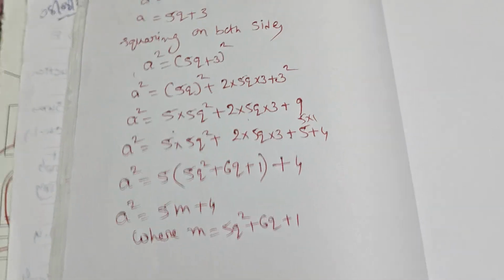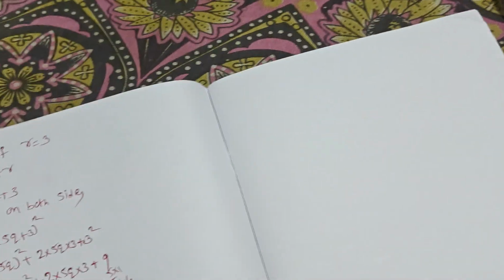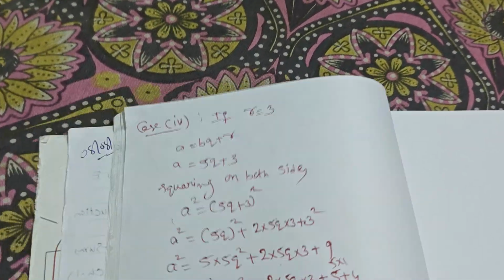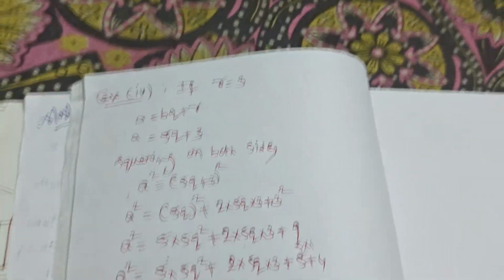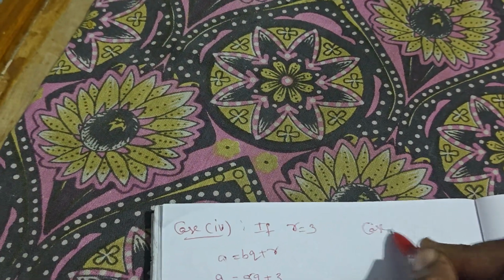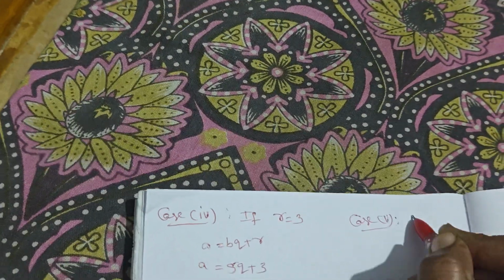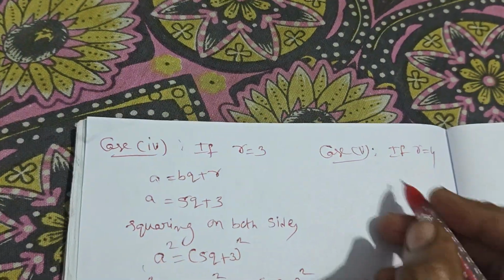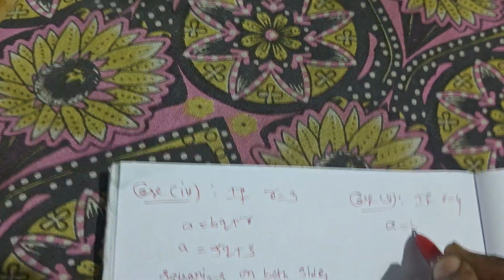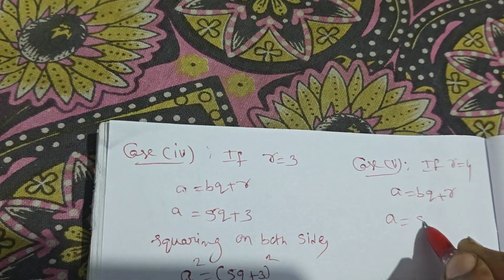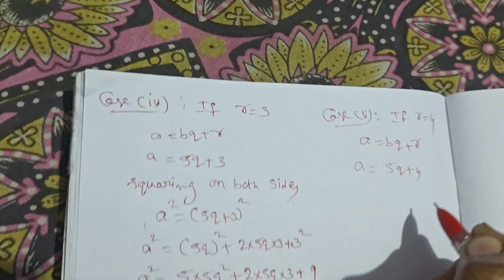Okay, children? Next we have to go for the next case. Case 5. If r equals 4, a equals bq plus r, so a equals 5q plus 4.